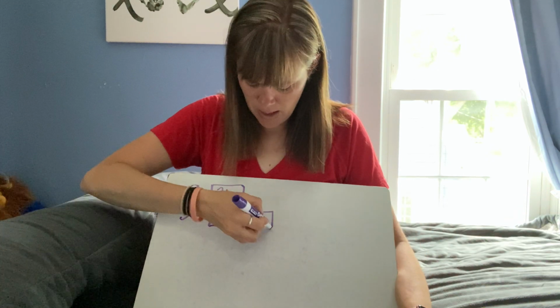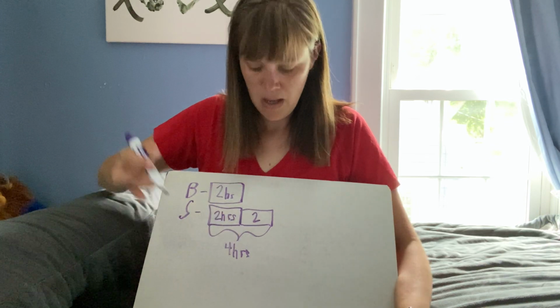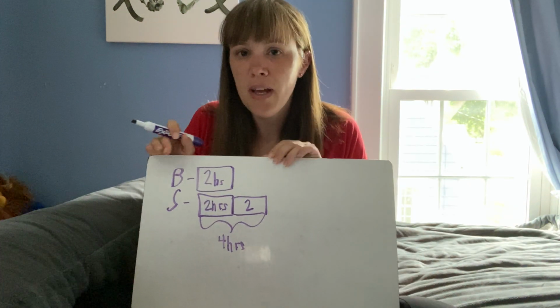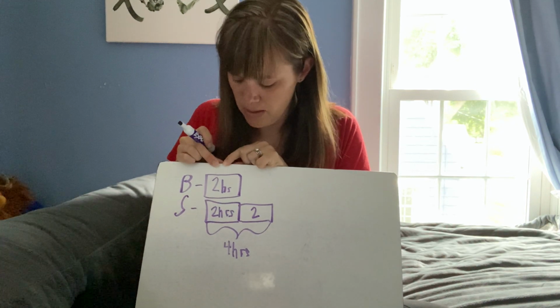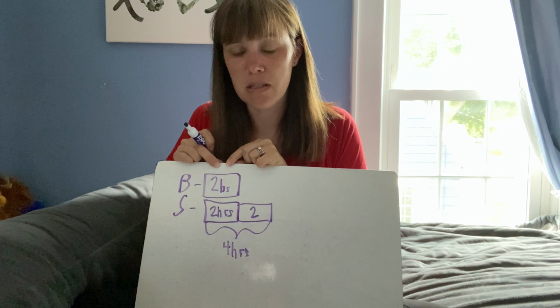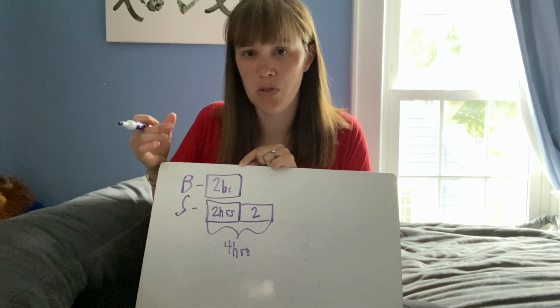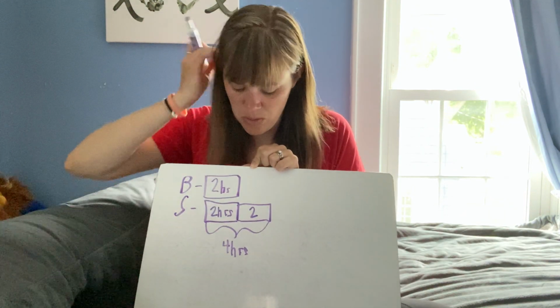So she's allowed 4 hours, right? But it says how many minutes. So what you could have done is you could have said, well, 1 hour is 60 minutes, so 2 hours is 120 minutes, and then multiply it by 2. I kept it as 2 hours and 2 hours, so 4 hours.